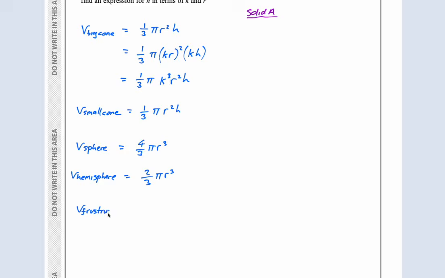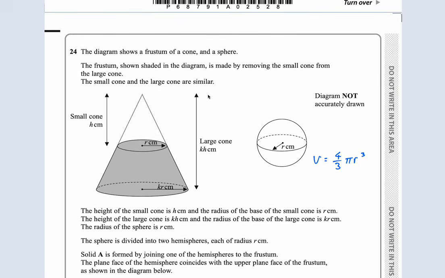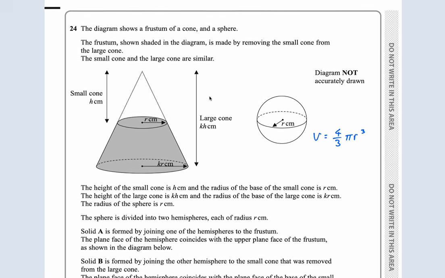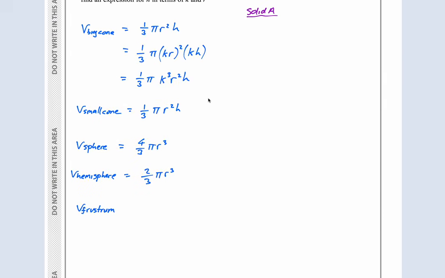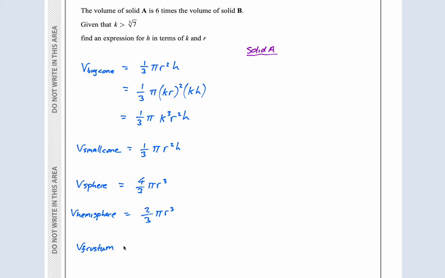The volume of the frustum is the big cone minus the small cone. So it's this minus this.